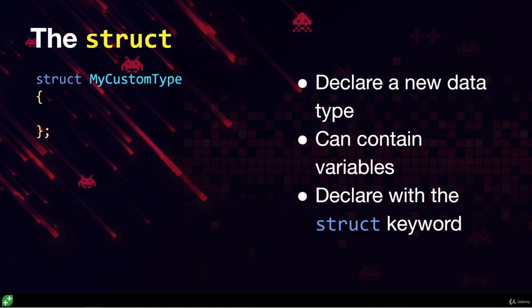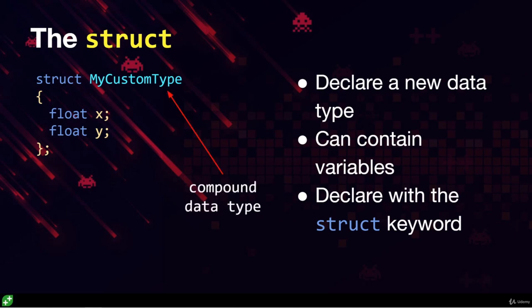Any variables that we want our custom data type to have will go inside the body, and we declare them just like we declare regular variables with a type, a name, and a semicolon. Because our custom data type is built up of other data types, we call these compound data types.